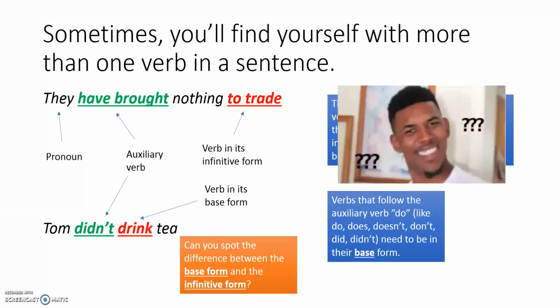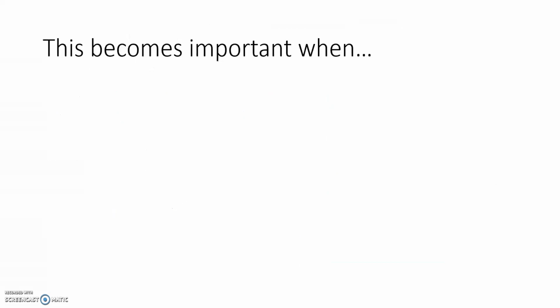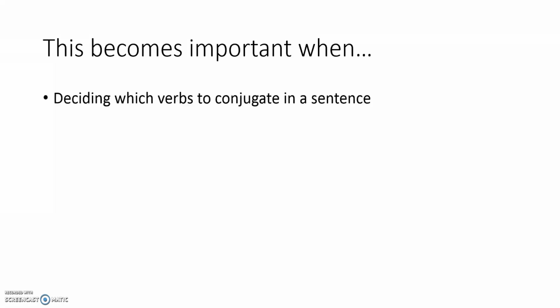The base form is always written without, in this case just simply the word drink. Knowing all of these things becomes important when you need to find out which verbs to conjugate in a sentence as you're writing. The verb do, for example, is always conjugated, but verbs following it are not.